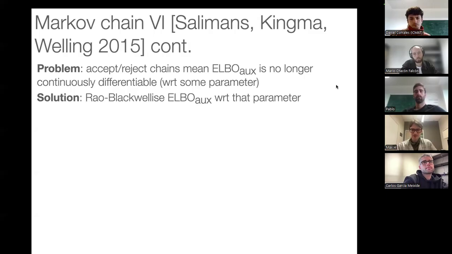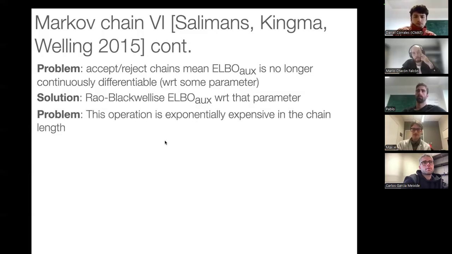And so the solution that the authors use is just to Rao-Blackwellize the auxiliary ELBO with respect to that parameter. So effectively, they'll take the expectation of the auxiliary ELBO with respect to that parameter. But then we have another problem, just that the operation of Rao-Blackwellizing is exponentially expensive in the chain length.